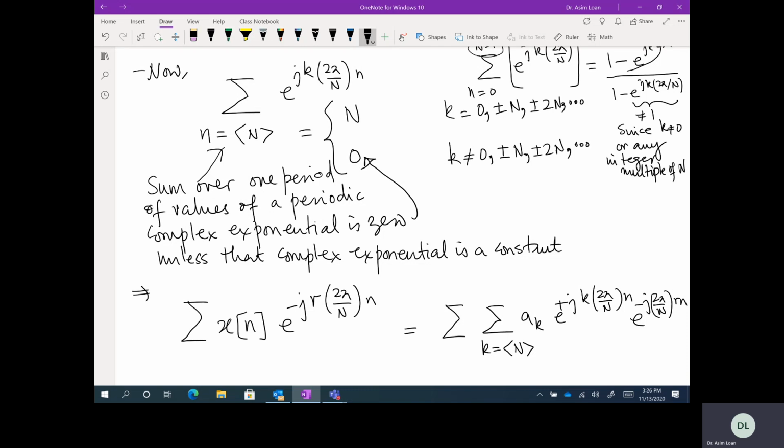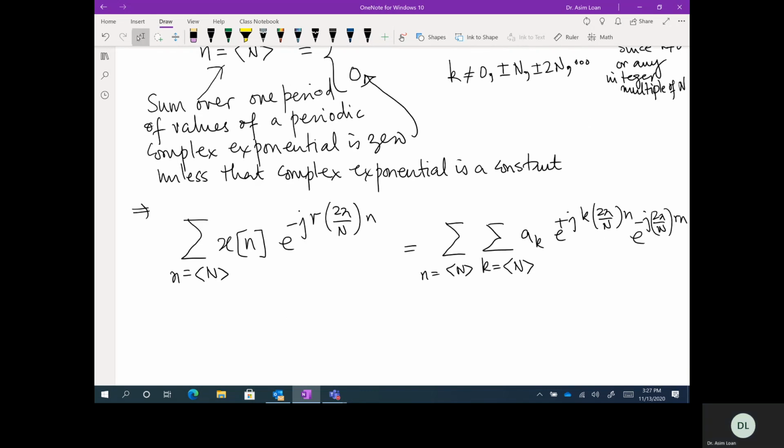Just like I took the integral, I sum this up over n terms. So I sum this up over n values. When I do that, what do I get over here?